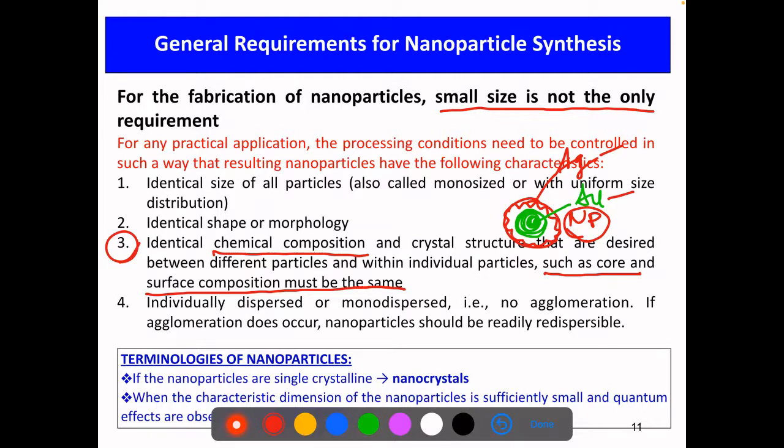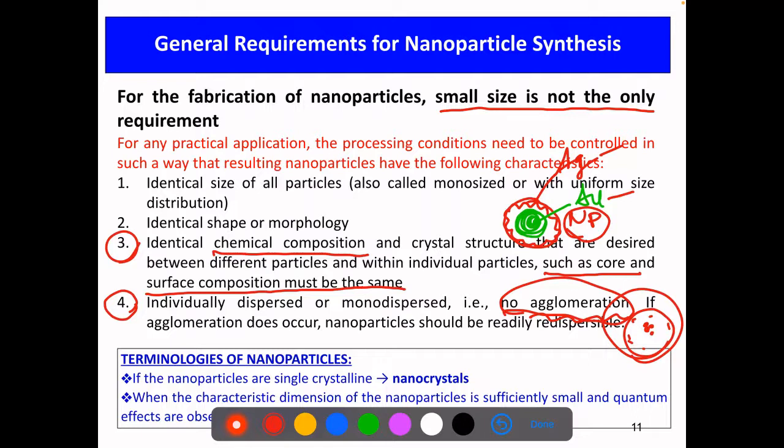And the fourth one is individually dispersed or monodispersed. That is no agglomeration. Okay, if agglomeration does occur, nanoparticles should be readily redispersible. And this is also very, very important because you will see, or you already had seen, that once you go into the lab and start making nanoparticles, they really like to come together. They really like to form agglomerates, okay? And so when they are all together, it becomes like a big particle.